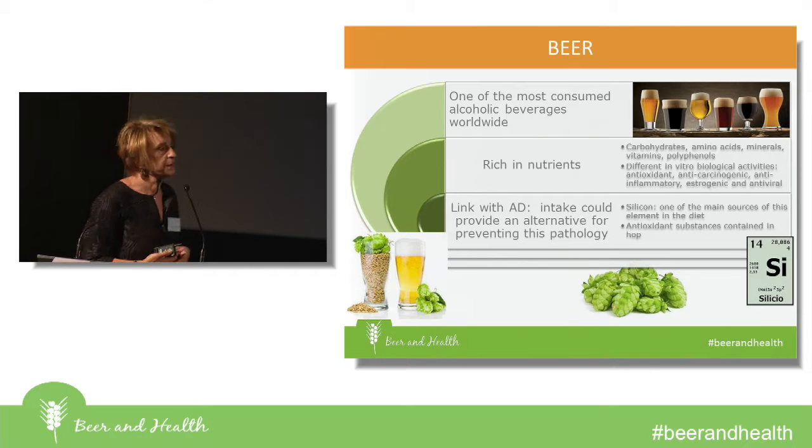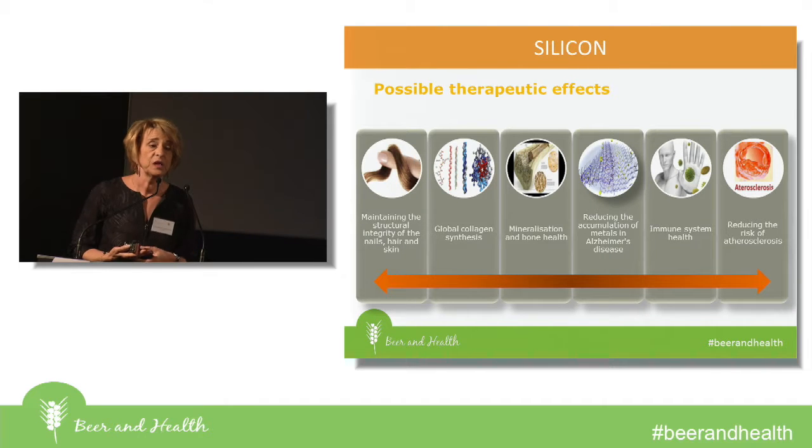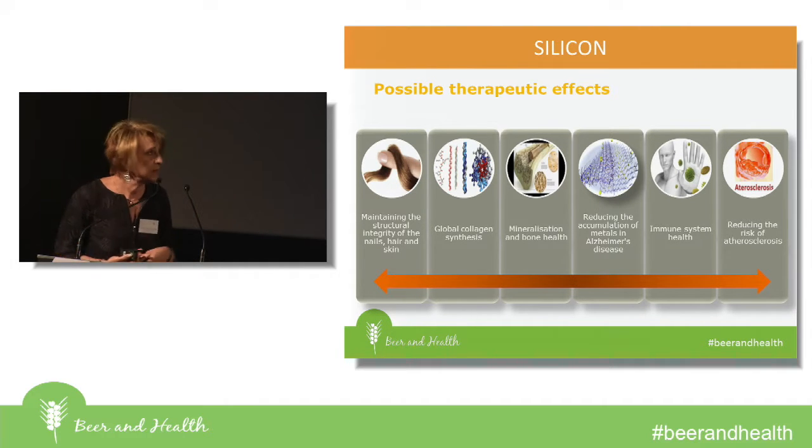We see also that beer is one of the most consumed beverages worldwide, and it could prevent Alzheimer's due to two different components. We have hops as well as silicon. This is one of the beverages that has the most silicon content.